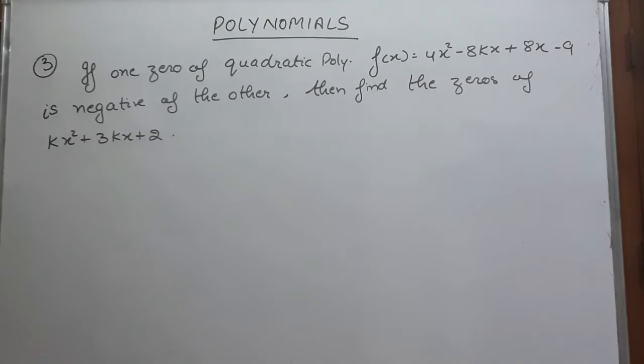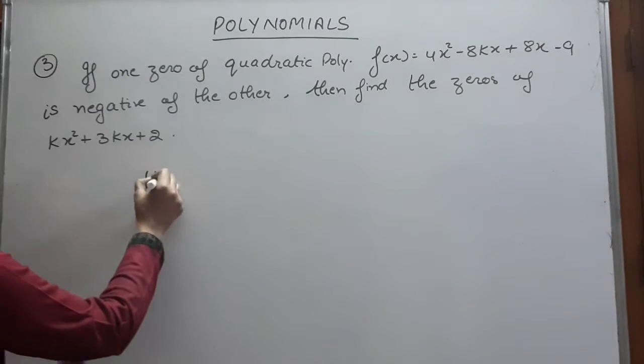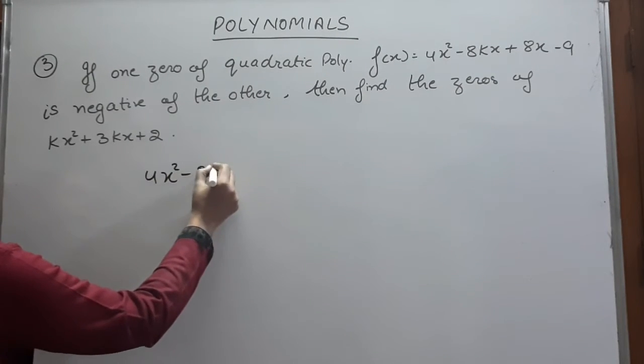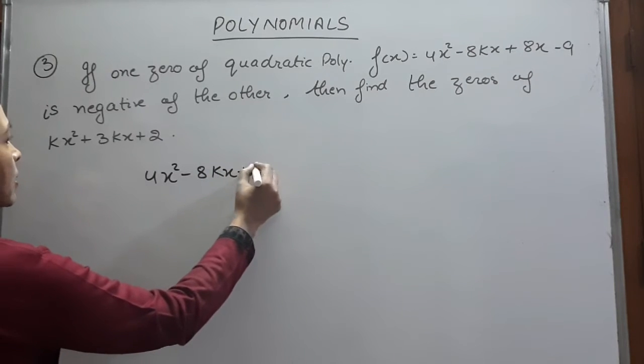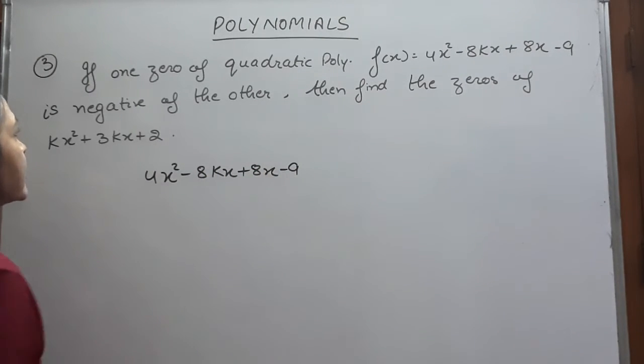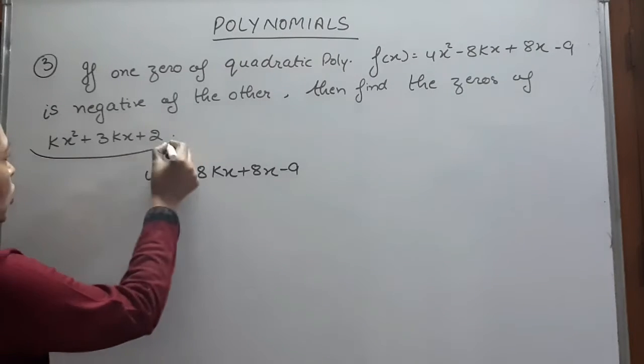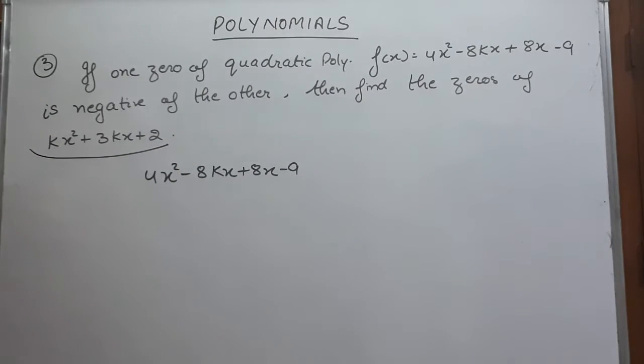If one zero of a quadratic polynomial 4x square minus 8kx plus 8x minus 9 is the negative of the other. Two zeros of the quadratic polynomial, and one is the negative of the other. We have to find the zeros of another quadratic polynomial.